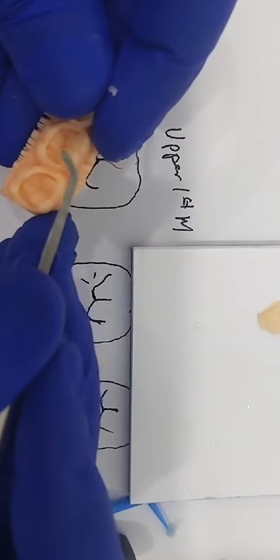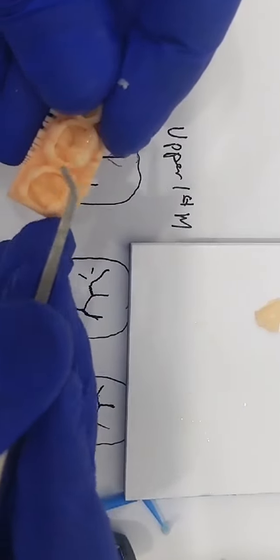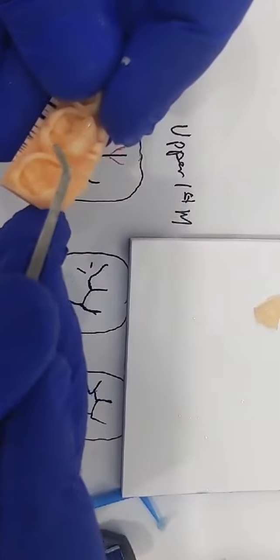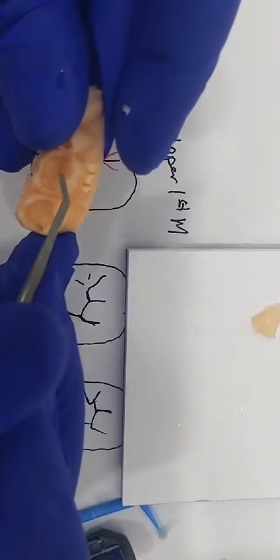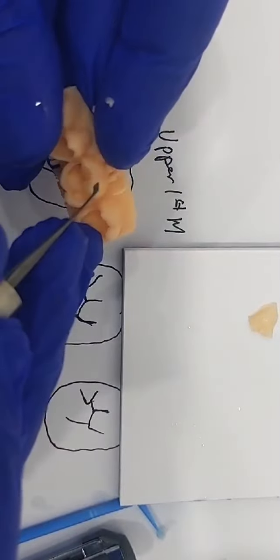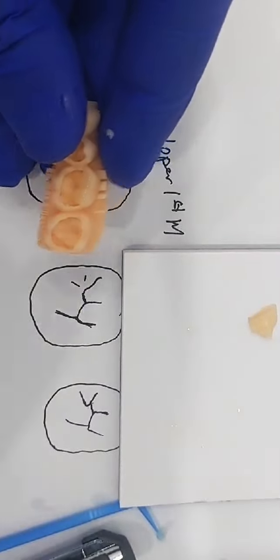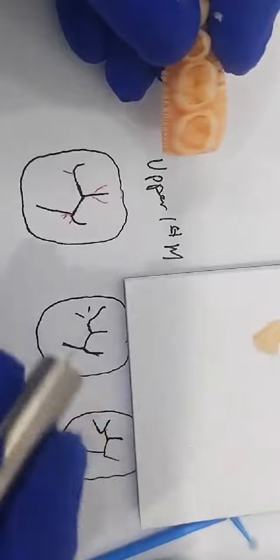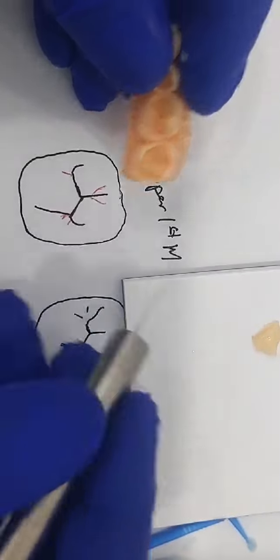So as you push it against the margins, you'll get a bit of excess and then just scrape that off. Okay. Then looking back again, we've got that extra groove if you want to add it.